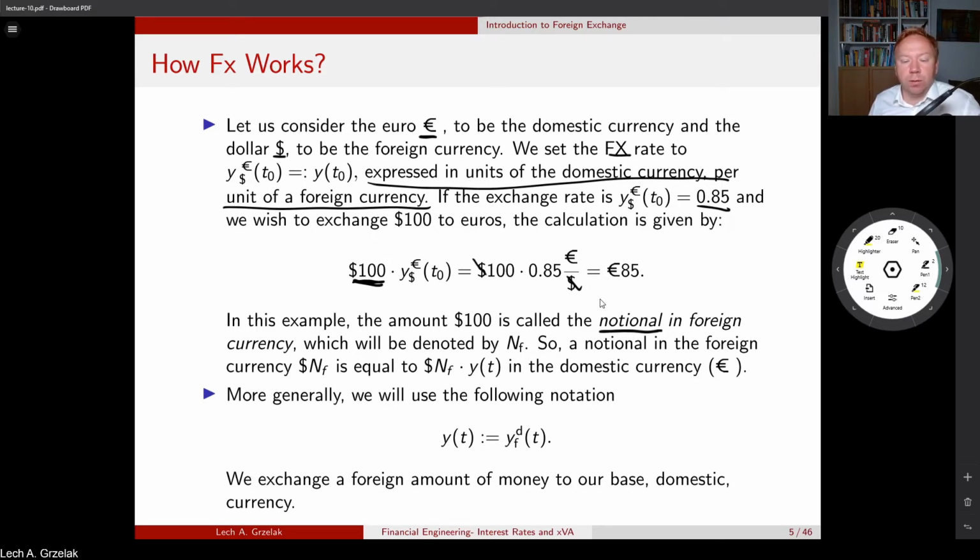So the notional in the foreign currency, N_F in dollars, is equal to N_F times the foreign exchange rate, and this will be in our domestic currency, euro. This is the shorthand notation: it's a Y, and in the index we always have a subscript F, D, which means we move from foreign to domestic. So this will always be represented in units of domestic currency.